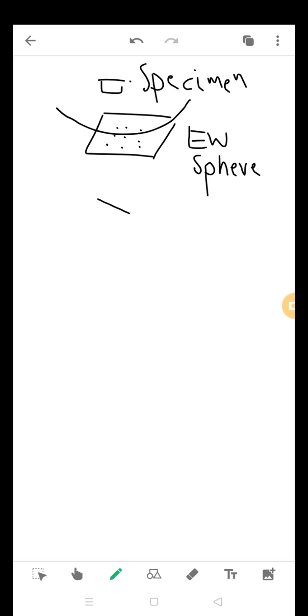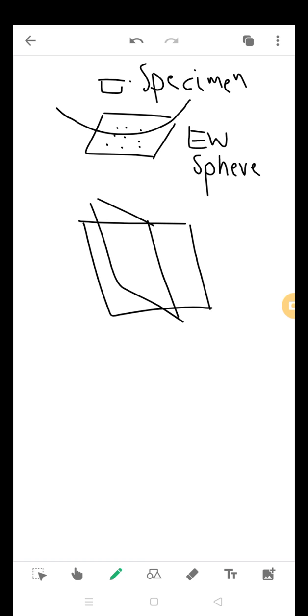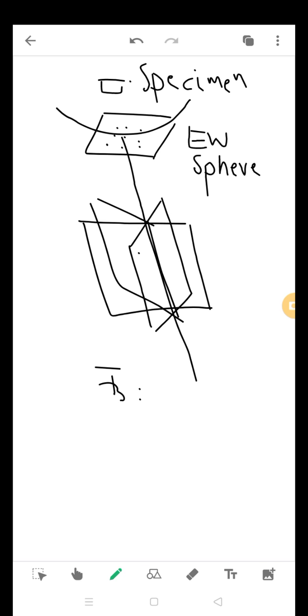Each diffraction spot corresponds to one diffraction plane. So this is one plane, this is another plane, and the central line is called the zone axis.